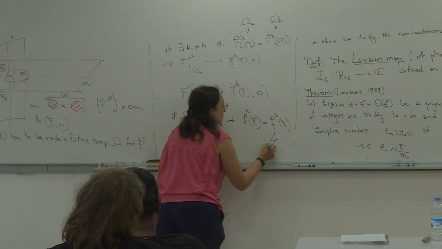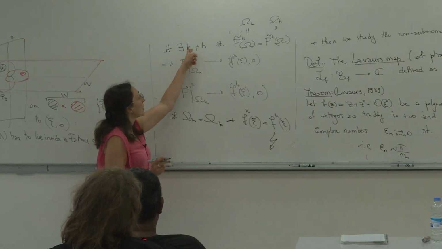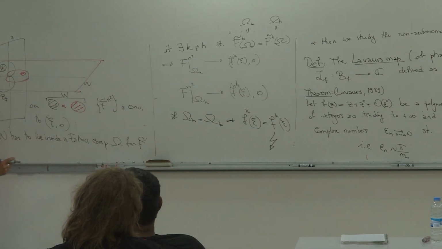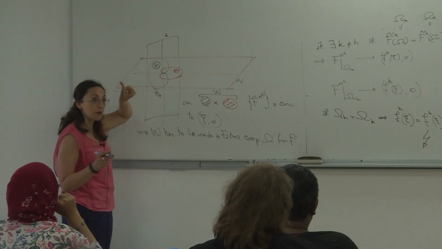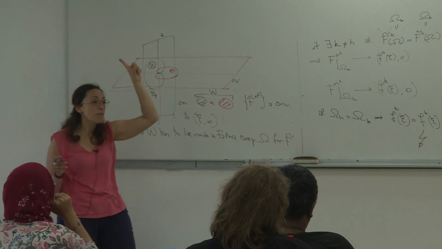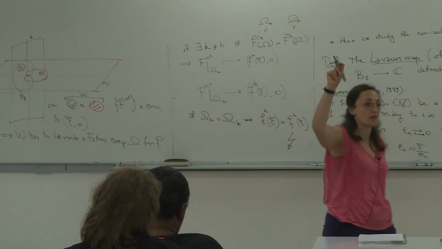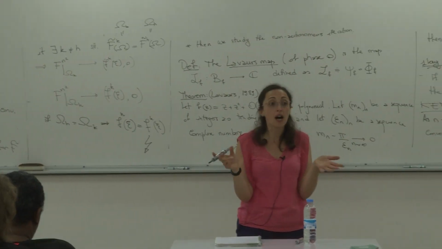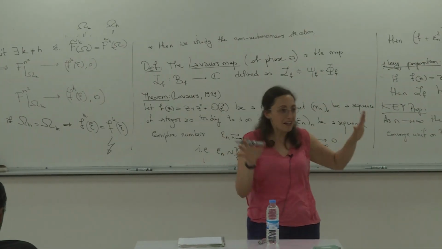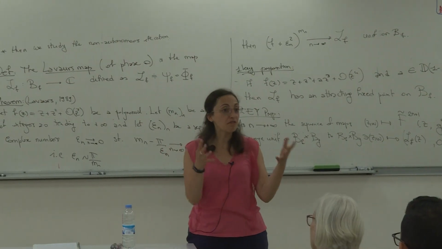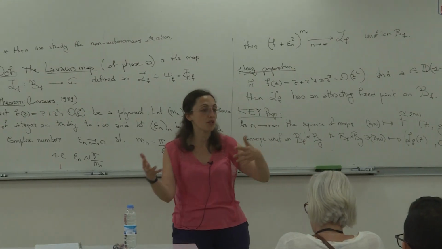And this is a contradiction because k is different from h, and psi lives in the parabolic basin of f. And in the parabolic basin of f, the only periodic or pre-periodic point lies on the boundary, and it's the origin. And this is how we proved, more or less, I didn't give you all the details, that we could find a wandering domain in dimension 2.